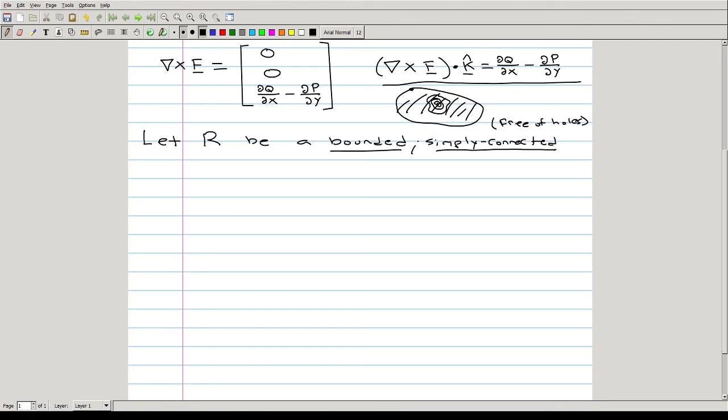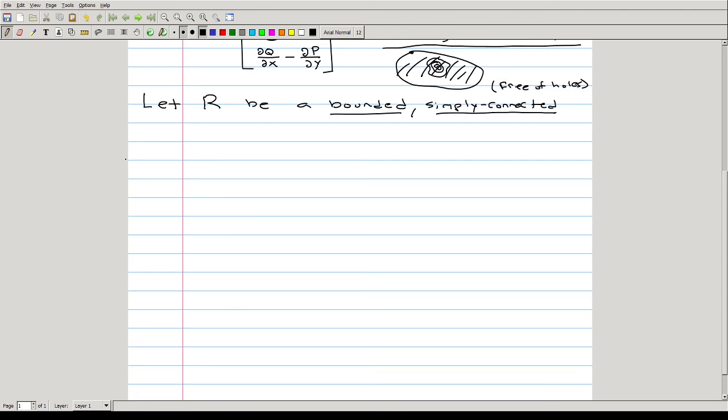But this is what simply connected means, that there are essentially no holes in the region R. And R is in general a subset of the domain of our function. This is our first set of assumptions.